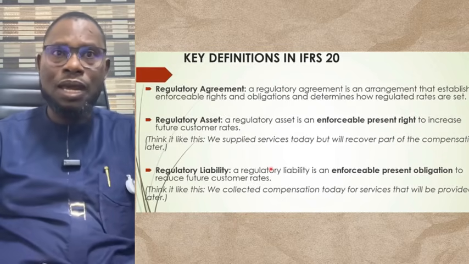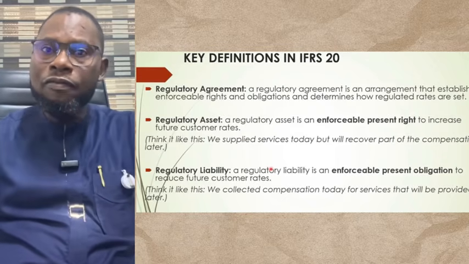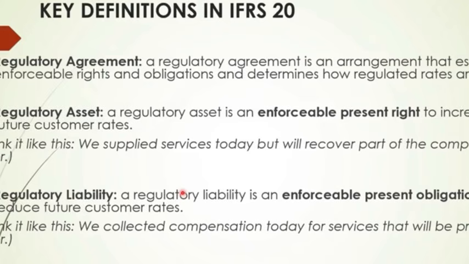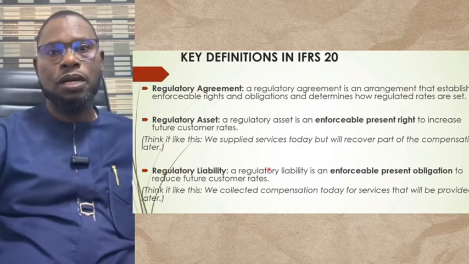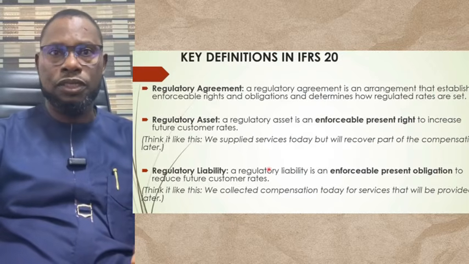So a regulatory liability is an enforceable present obligation. I say it's a mirror opposite. One is a right to collect in the future; the other is an obligation to deliver in the future. So it's an enforceable present obligation to reduce future customer rates. Here you are going to reduce the customer rate, not increase.